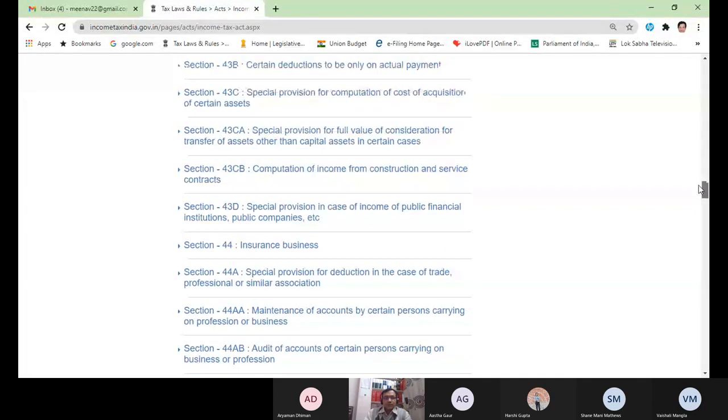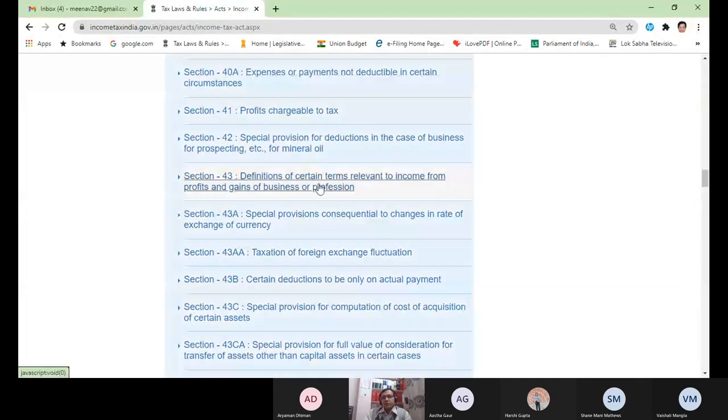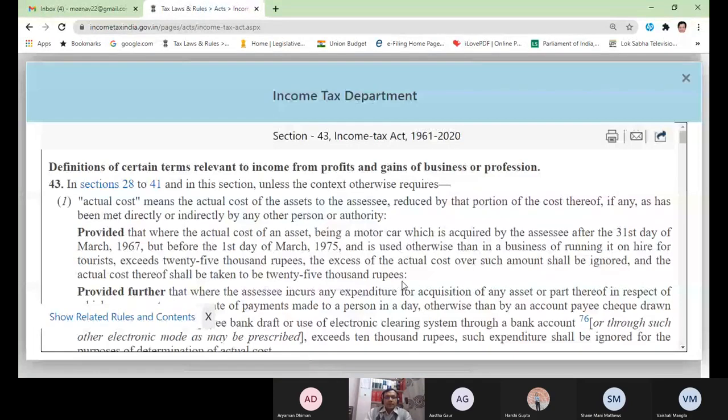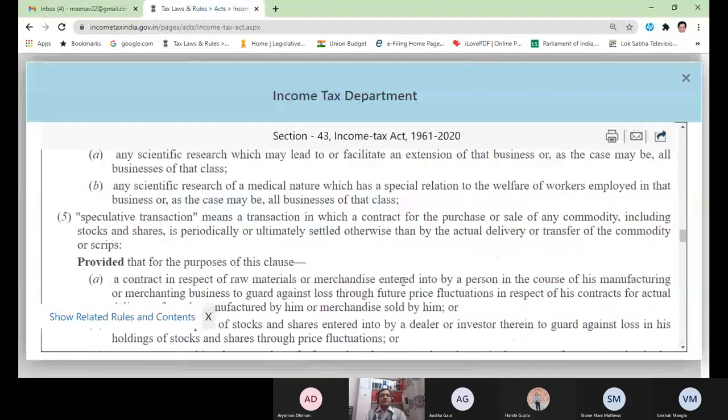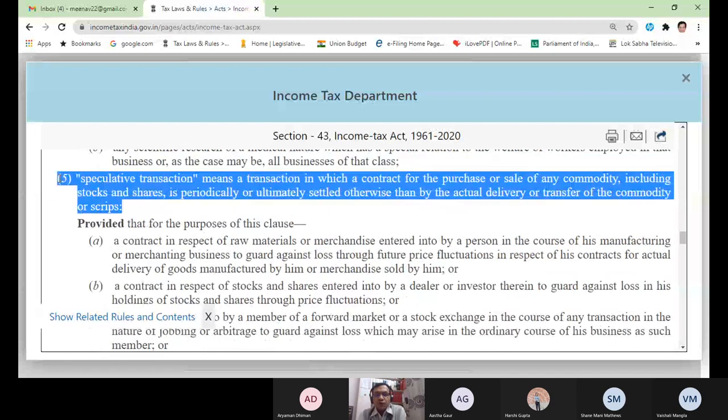This is the speculative definition, 43 clause 5. A speculative transaction means a transaction in which a contract for the purchase or sale of any commodity, including shares, is periodically or ultimately settled otherwise than by actual delivery.